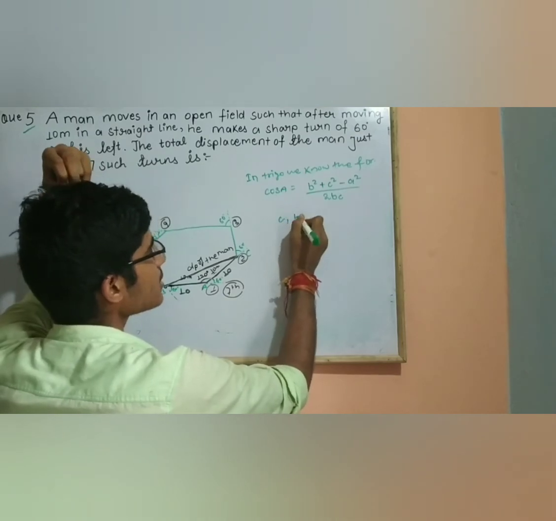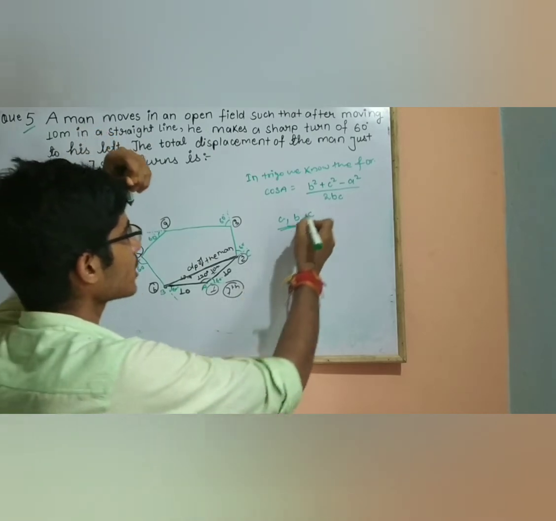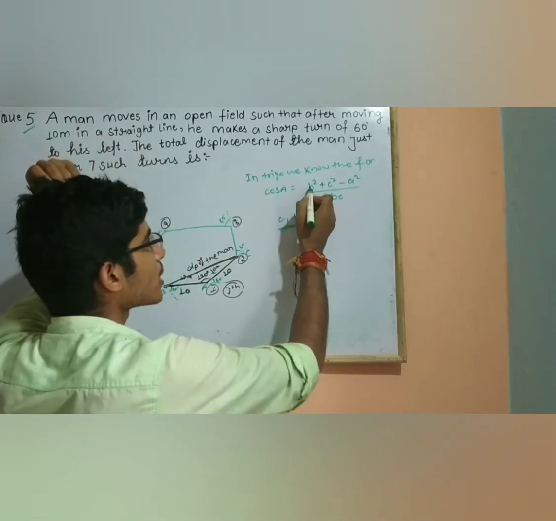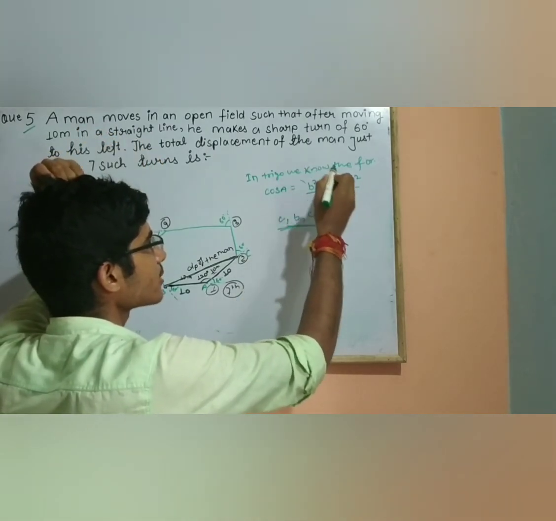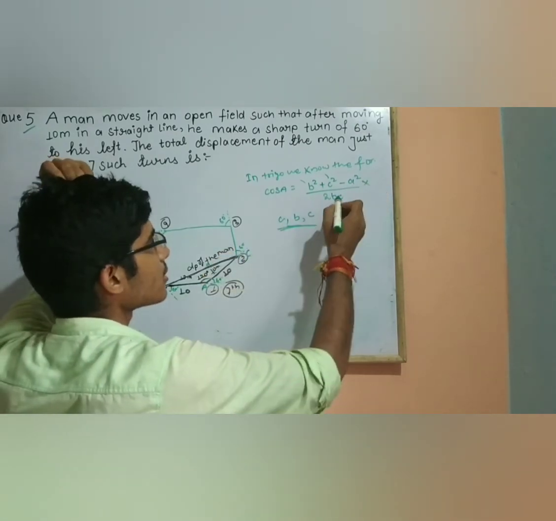Here A, B, C are the lengths of the sides of the triangle. So we know the sides B and C, but we don't know A, and we have to find A.